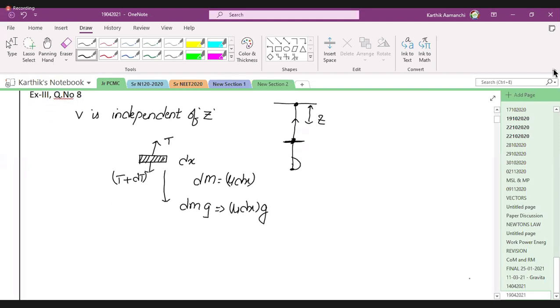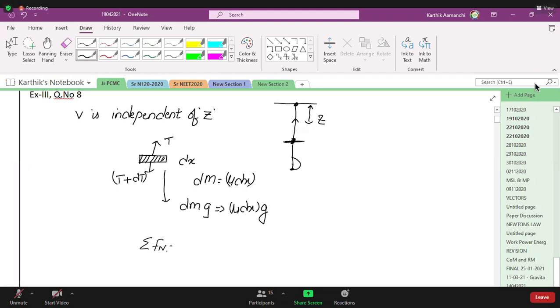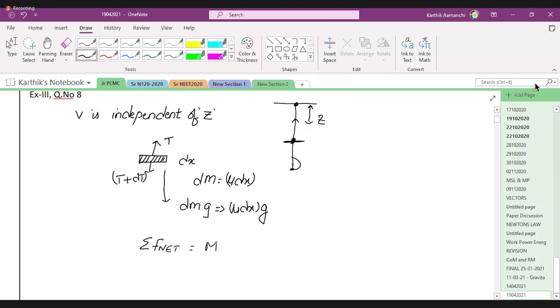Now velocity should be independent of z. For this, let me see. Your net force acting is mass into acceleration, isn't it? I'm going to take a steady state, so acceleration becomes 0, so sigma F net will become 0.